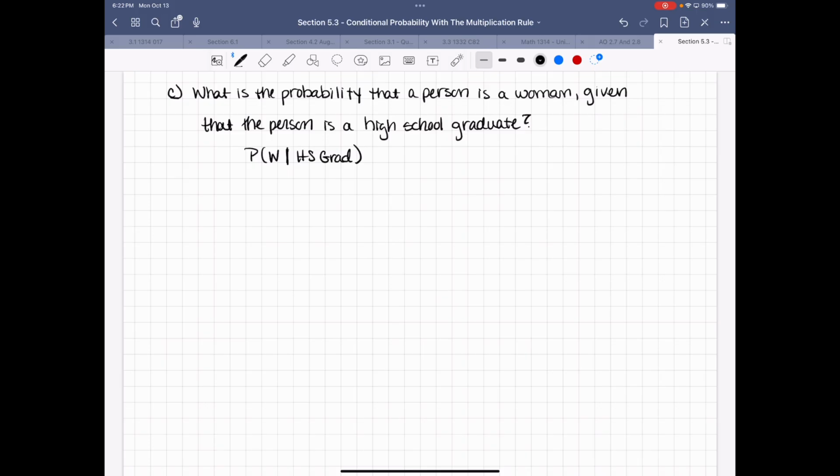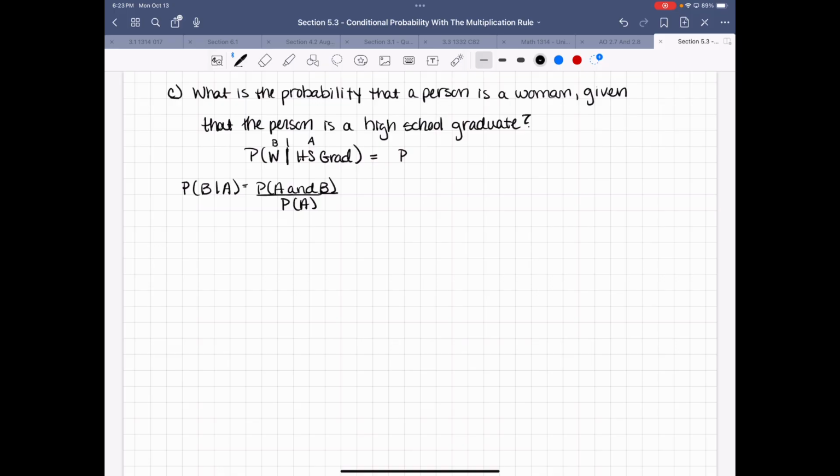I know that the probability of B given A equals the probability of A and B all over the probability of A. All you're doing is replacing B and A with woman and high school graduate. So this is like B given A.